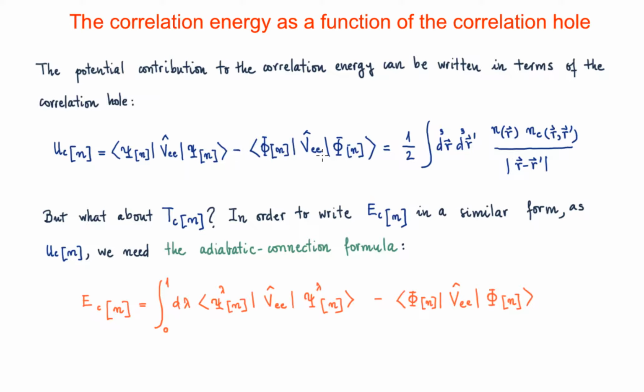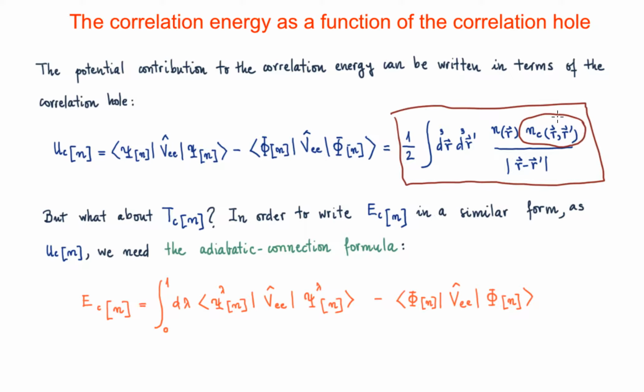So it's very easy to see that the potential energy contribution to the correlation energy functional can be written in this way as a function of the reduced correlation hole here. But this is just for the potential energy contribution to the correlation energy functional.